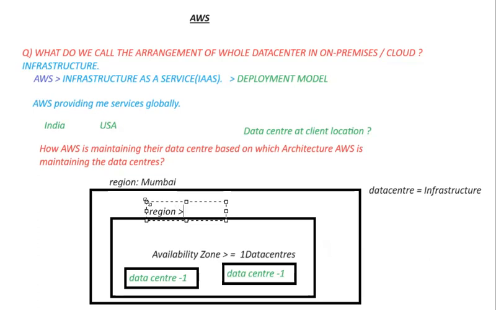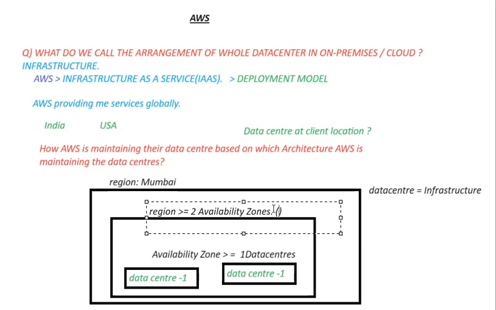Region contains greater than or equal to two availability zones. So a single region contains greater than or equal to two availability zones.